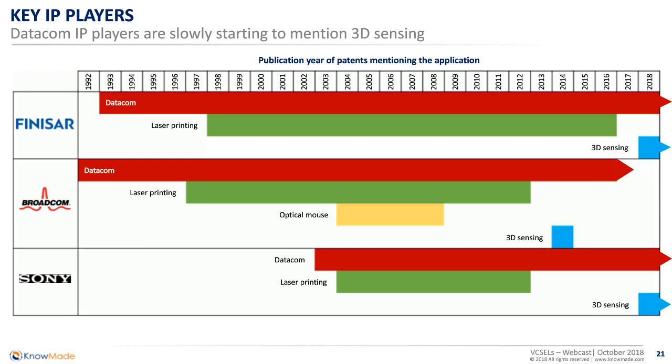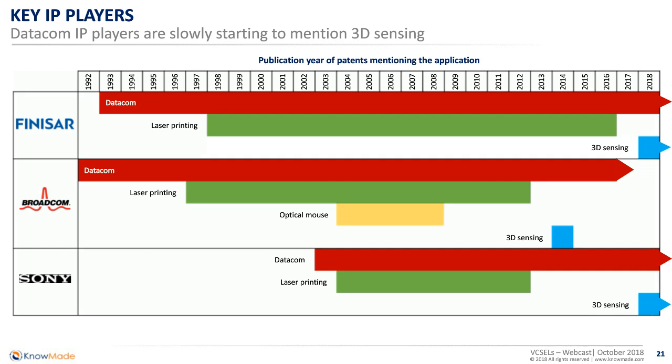So it's a small shift. Maybe they will keep filing patents related to 3D sensing, but up to now their patent portfolio is very poor or very weak regarding this new and trending application.